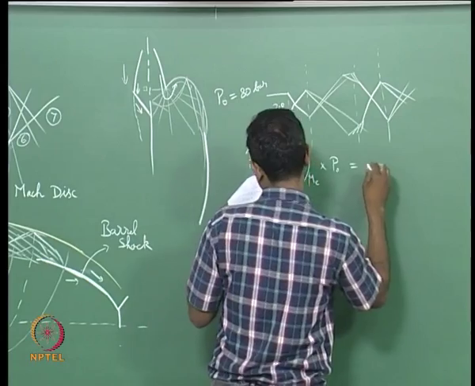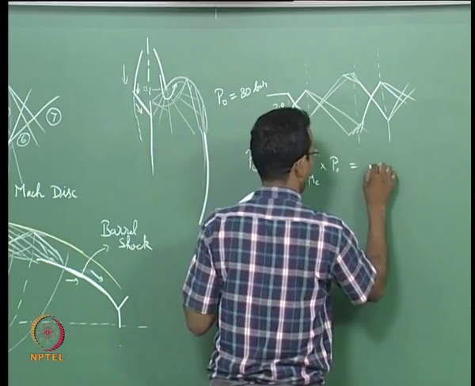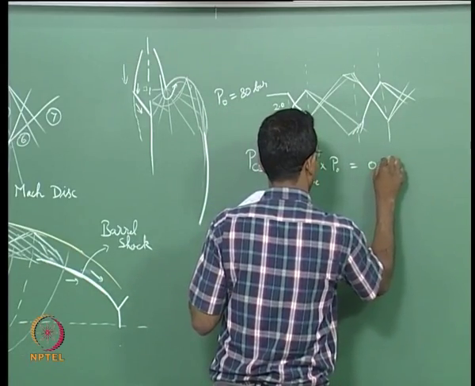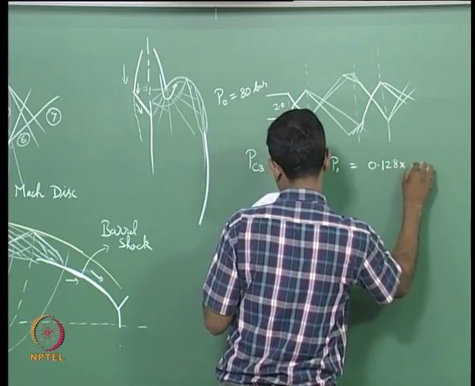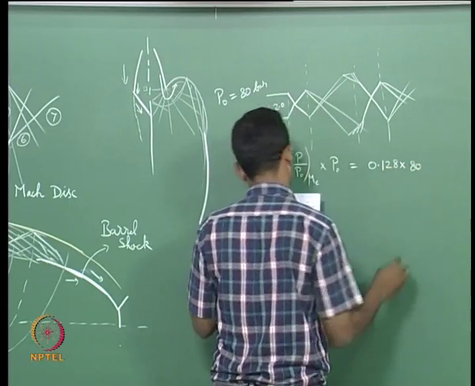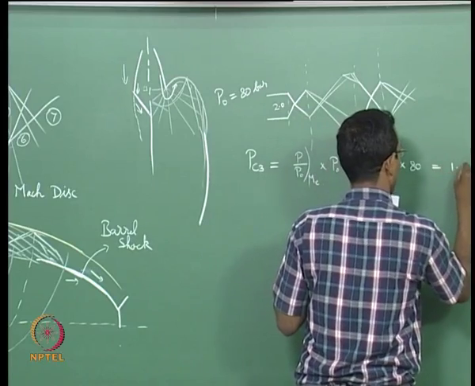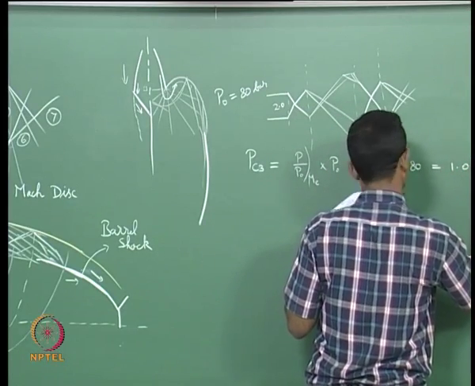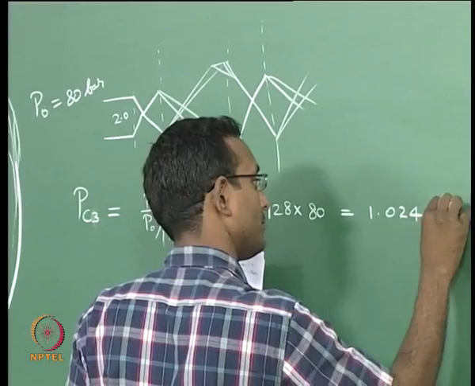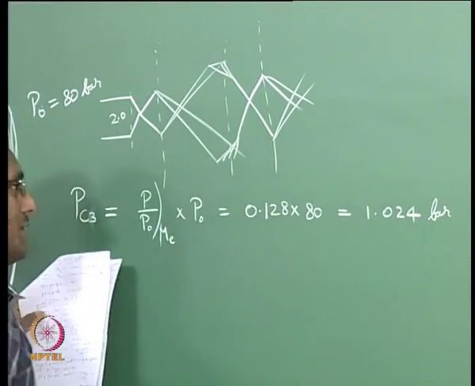That value, for assuming this gas to be air, gamma is 1.4, we get to a number 1.024 bar. Okay. This is the number we have.